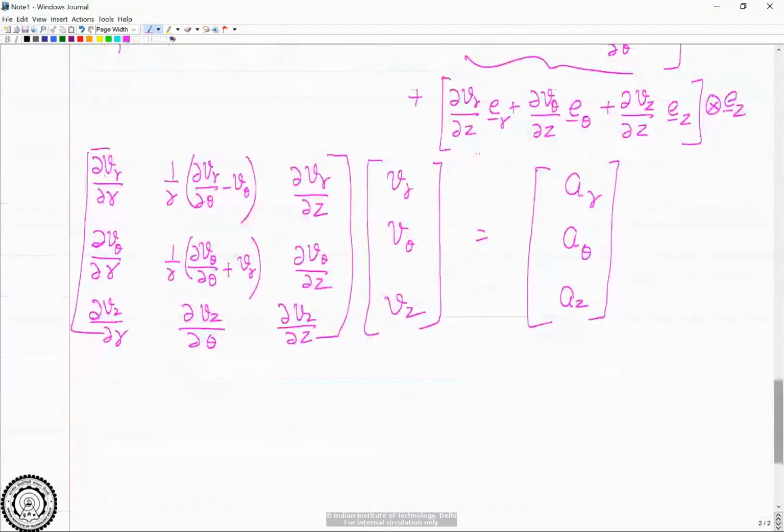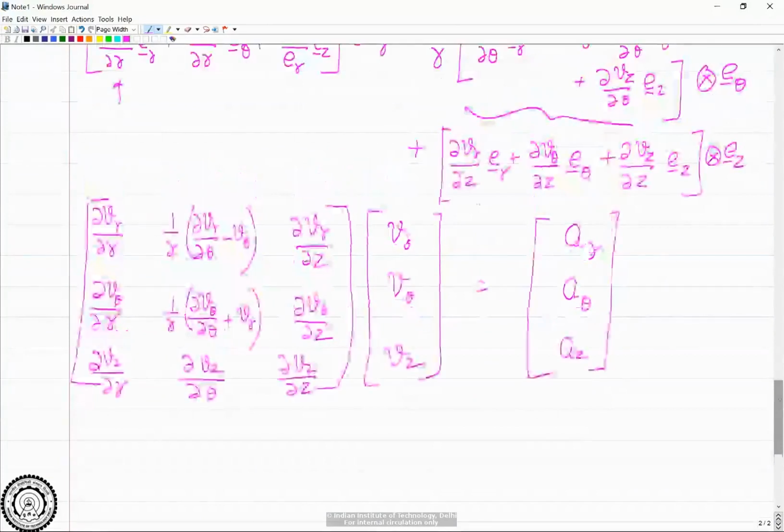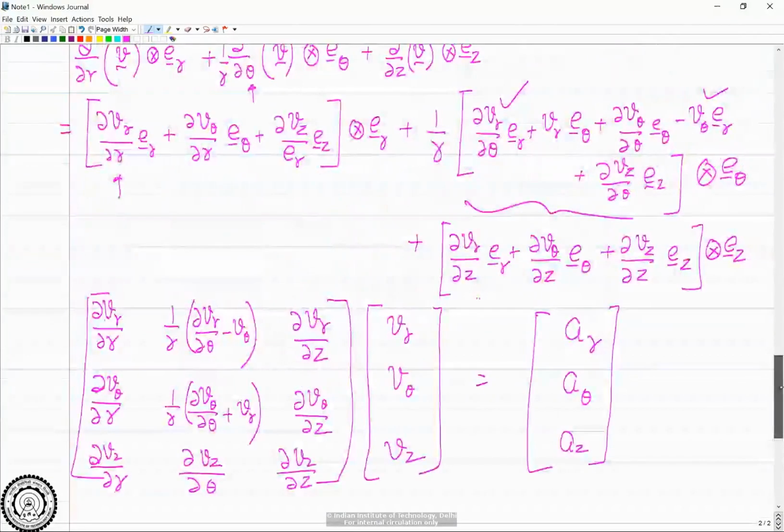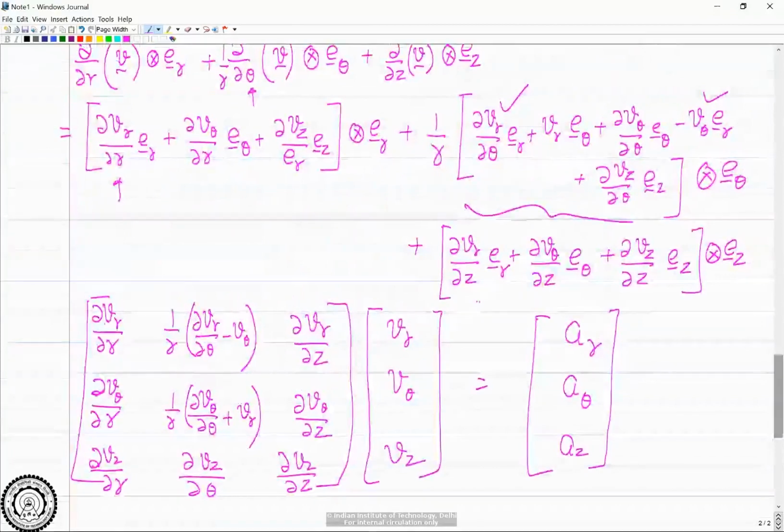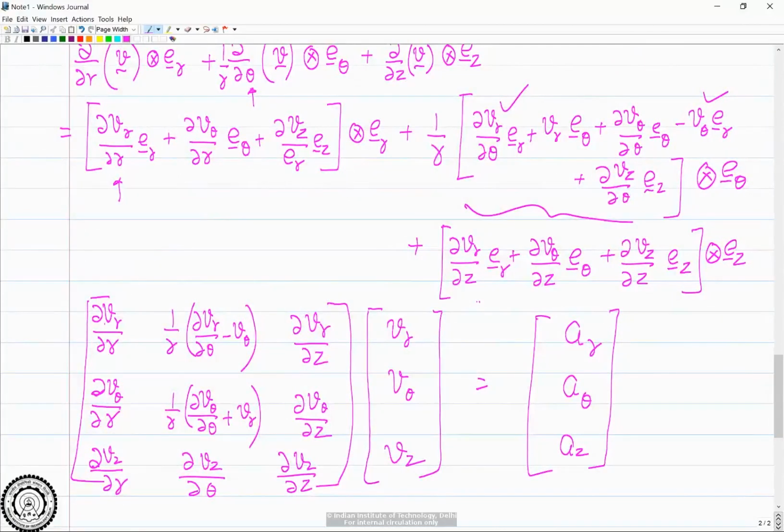So this is then like writing the Jacobian, the gradient. Well, yeah, it's like Jacobian, but you can see there are extra terms here. So don't think you have to get the Jacobian. You just have to apply the formula of gradient, and then once you have the gradient in tensor form, try to write it in the matrix form. That's it.